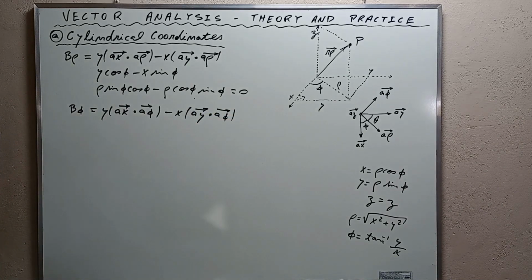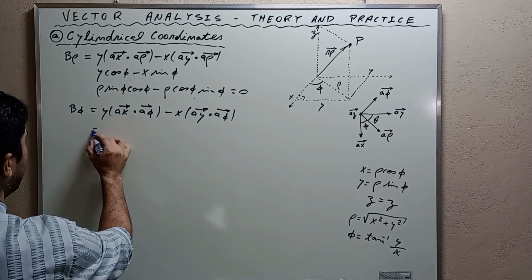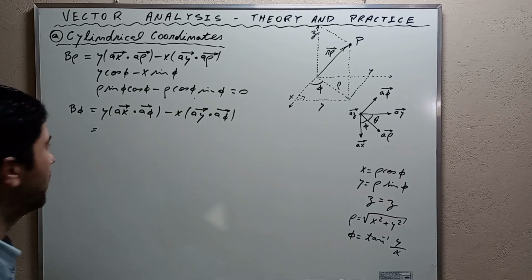Okay? Ax dot a phi, the dot product between ax and a phi is the sine of phi. So it is the negative of the sine of phi. Okay? The negative of the sine of phi.